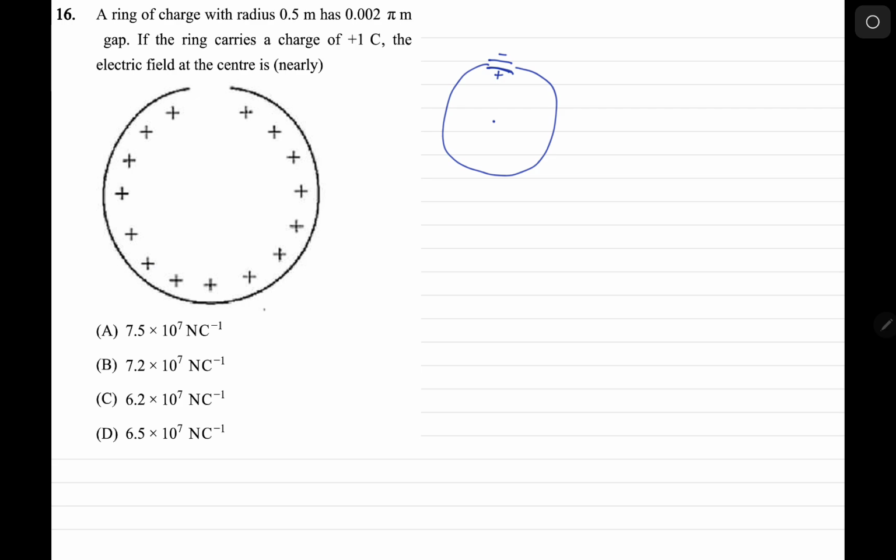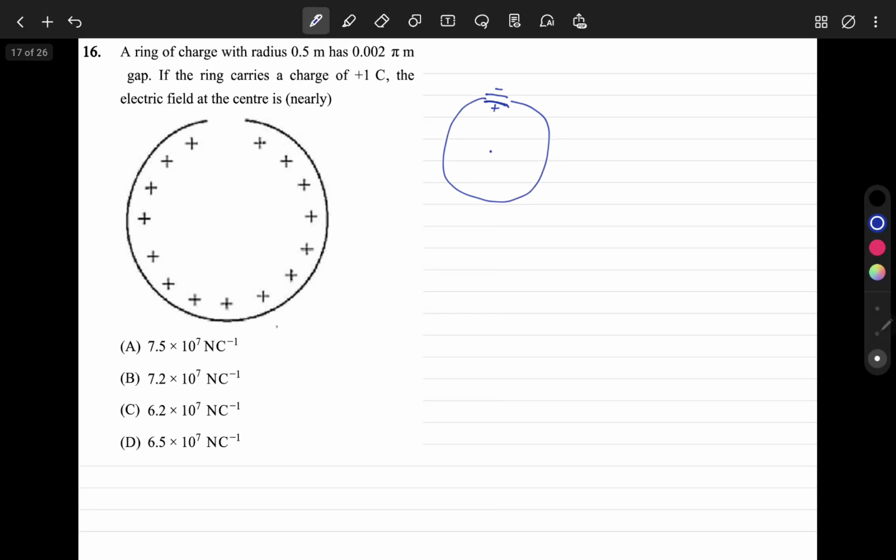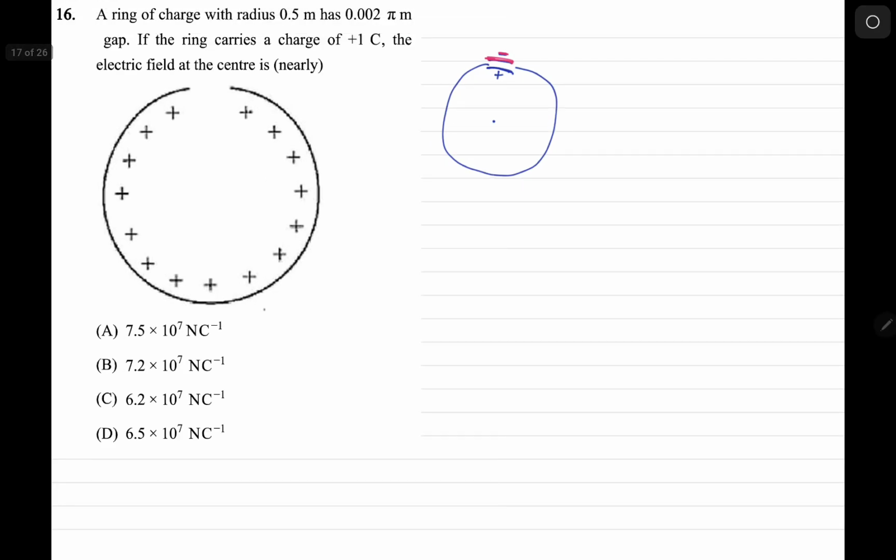Once again I'll use some different color. This is my red one, negative. Now see here, one red and one blue. The blue one is making the ring full with the uniform distribution. So with this blue element, the electric field at the center is 0, because the blue element is filling the gap.